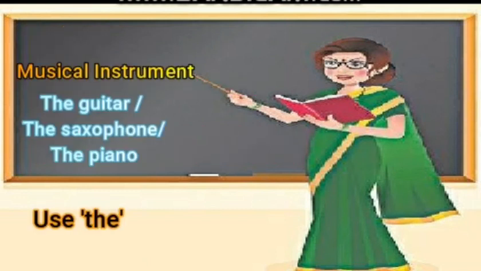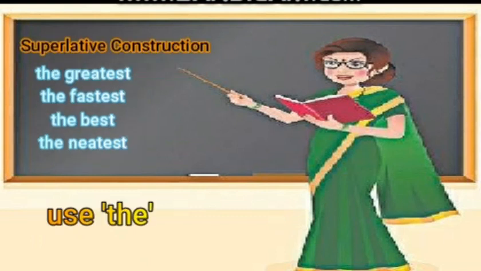"The" is also used before the names of musical instruments: the guitar, the saxophone, like this. And when we use a superlative construction, right? Greatest, most, fastest, right? So there, near the superlative adjective we have to use "the".